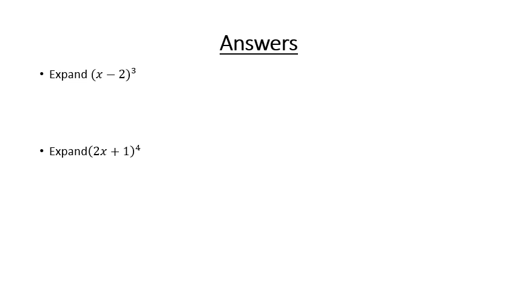In our first question, we had (x-2), (x-2), (x-2), and I know my first two brackets make the perfect square. This becomes x squared take 4x plus 4, all outside of (x-2).